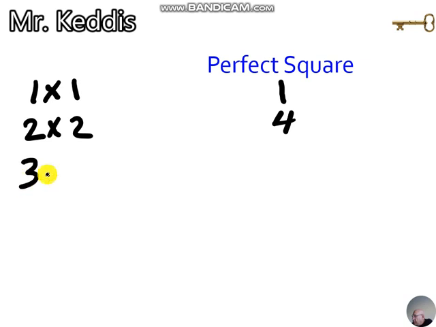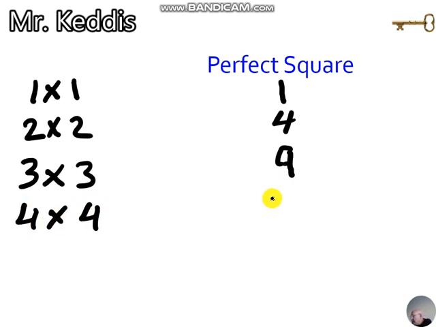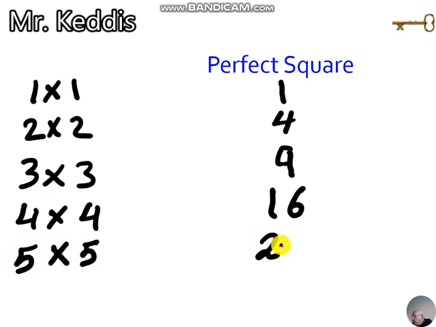If you multiply 3 times 3, you get 9. 9 is a perfect square. If you multiply 4 times 4, you get 16. 16 is a perfect square. If I multiply 5 times 5, you get 25. 25 is a perfect square. 6 times 6, I get 36. 36 is a perfect square, and so on.